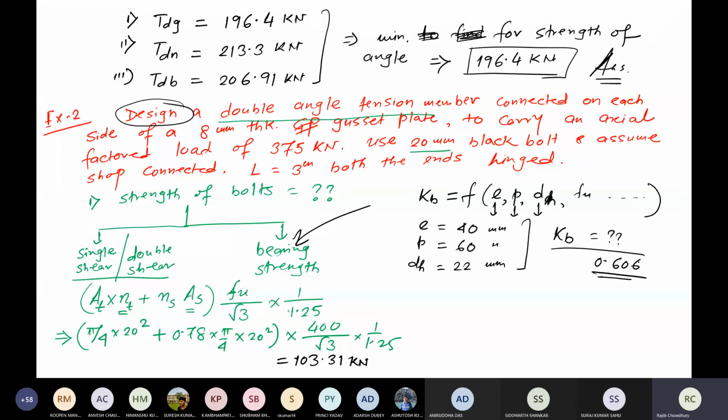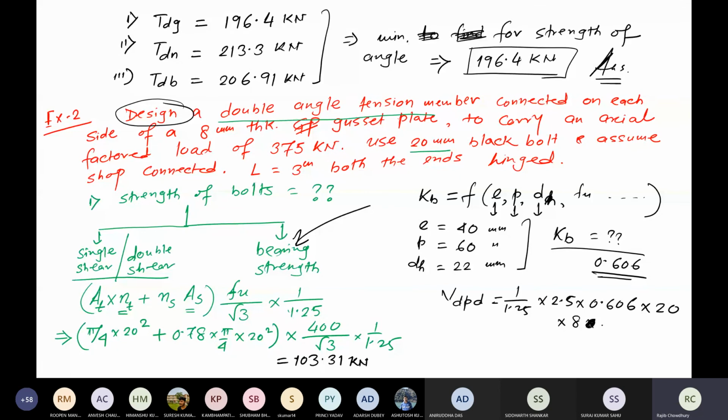So after calculation of this KB, now we have to find what is the design bearing strength, VDPB, which would be 1.1 by 1.25 times 2.5 times KB times D times the thickness, which is 8, times DT is there.